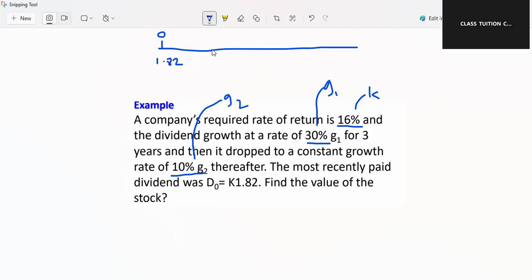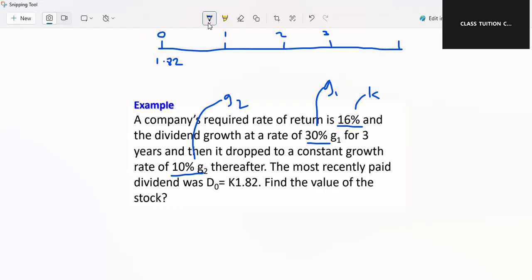Then it is growing to year 1, year 2, year 3, and year 4. For the first 3 years, the growth rate is how much? 30%. So we multiply each of these years times what? 1.3, yes?